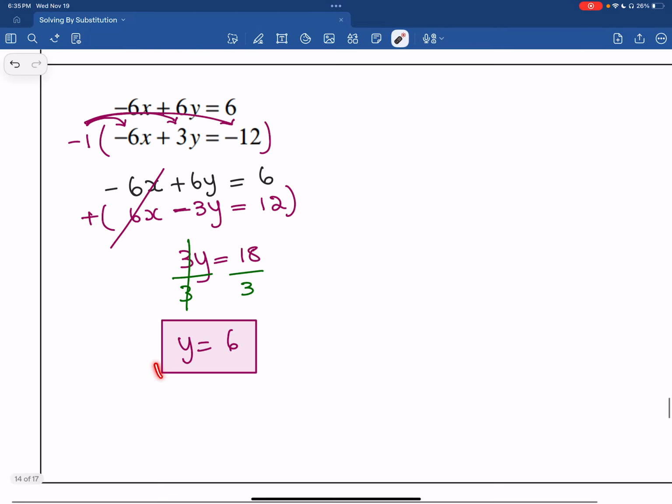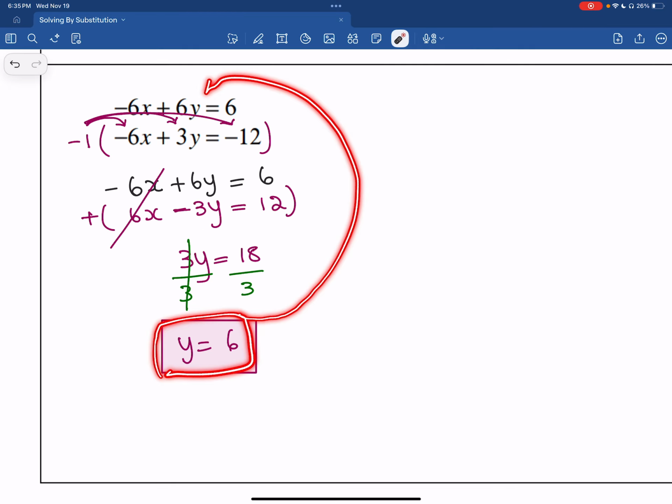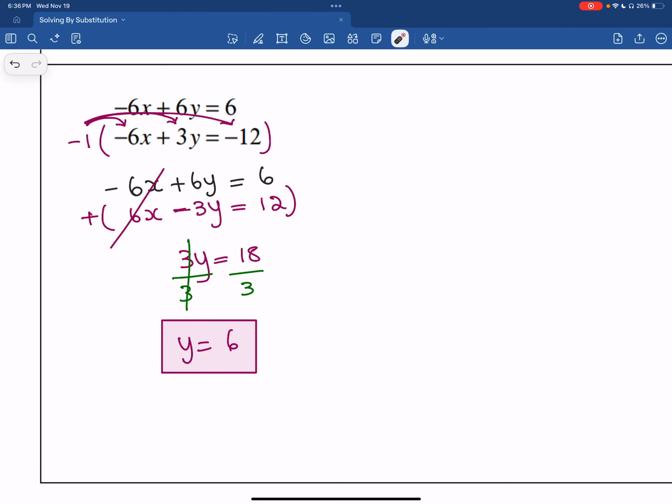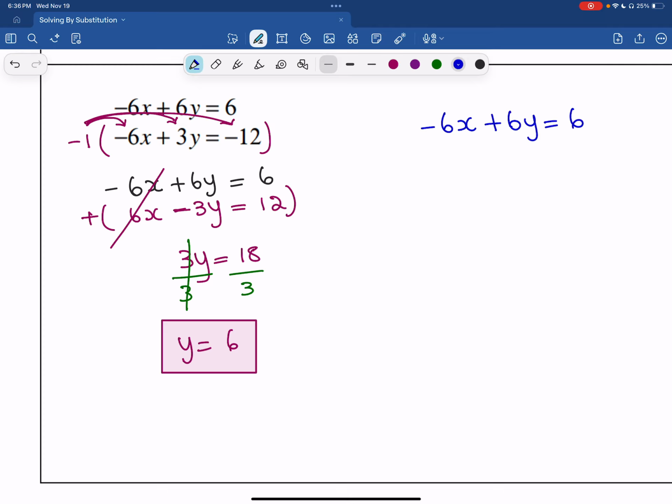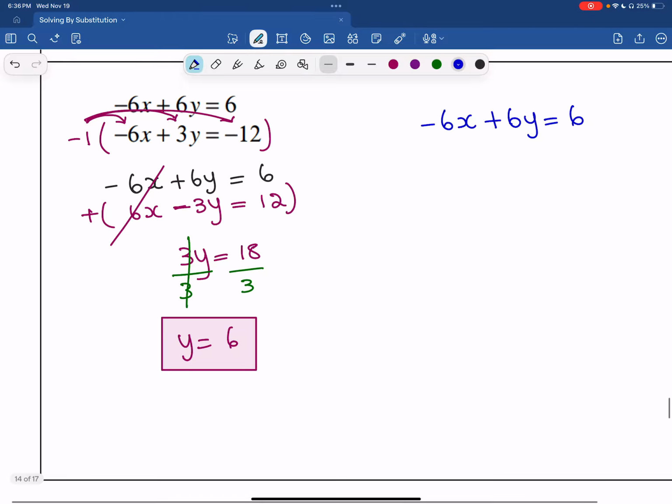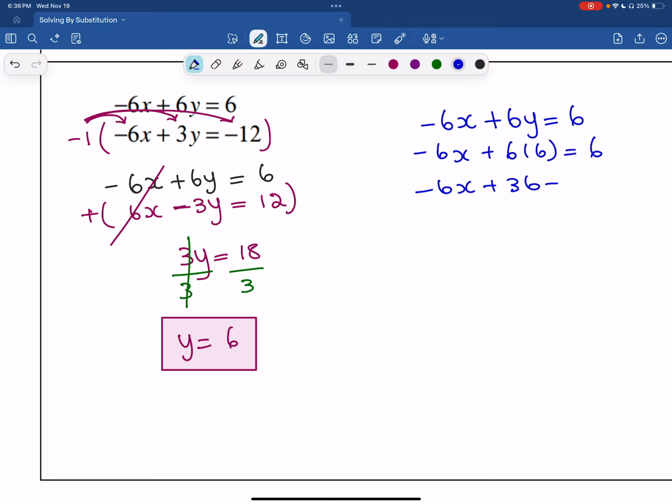All right, now that I know that y is equal to 6, I can go back and plug in this y value into the first equation or the second equation, doesn't matter, and solve for x. So using the first equation, -6x plus 6y is equal to 6. Wow, that's all sixes. Okay, I know that y is equal to 6, so I'm going to plug in 6 for y. It's crazy. -6x. 6 times 6 is 36, equals 6.